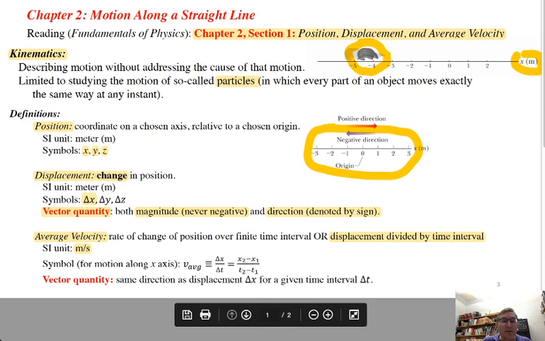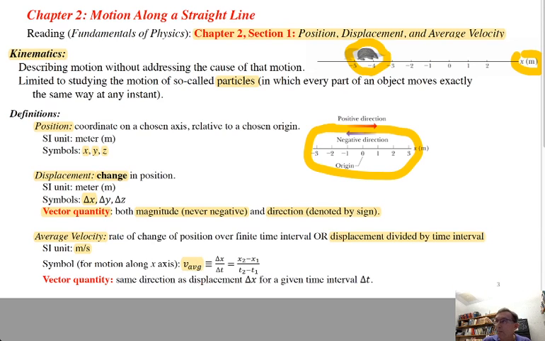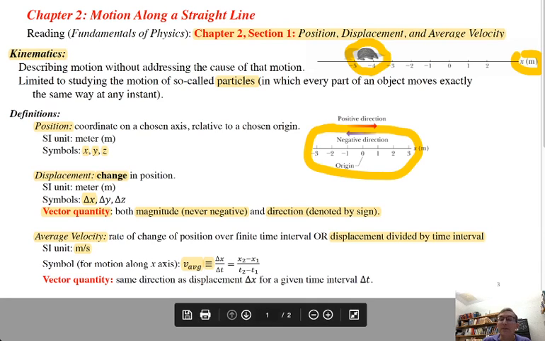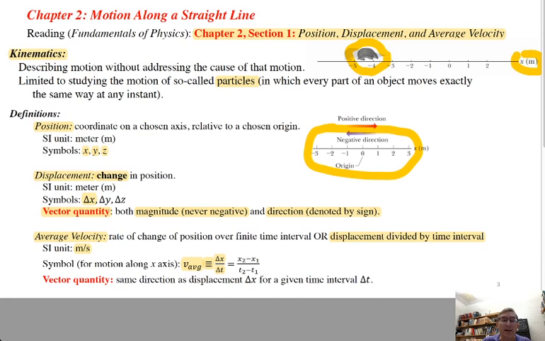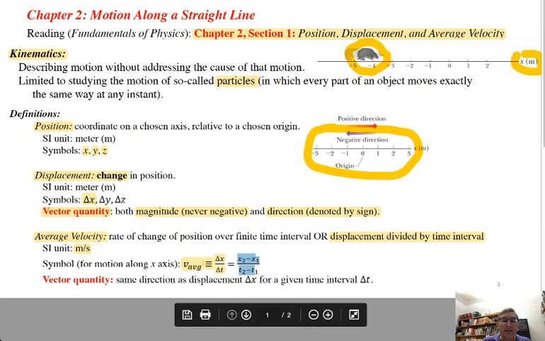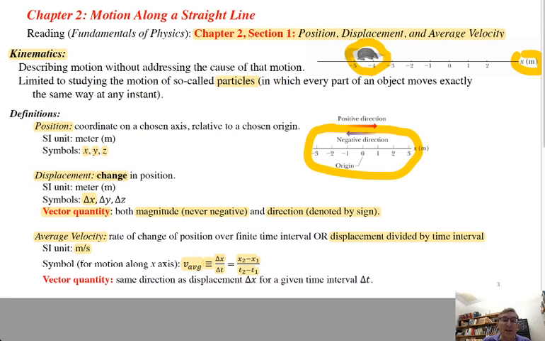The symbol is v with a subscript avg, average velocity. It is defined to be, three lines here mean this is the definition, displacement over time interval, delta x divided by delta t. And then you see another way to express that, at least used in this chapter, x2 minus x1 over t2 minus t1.